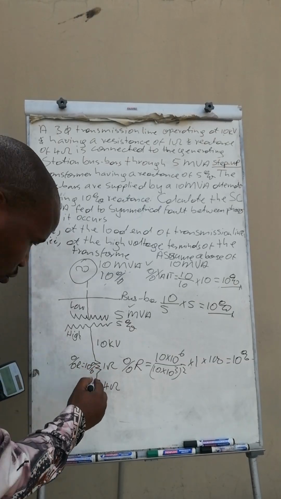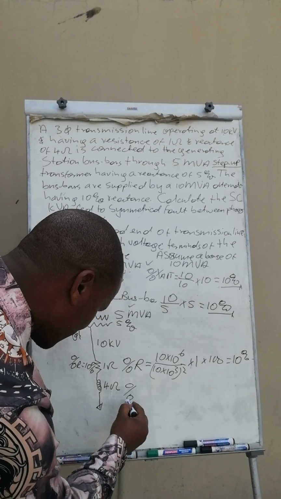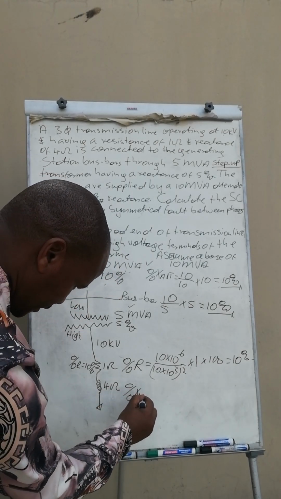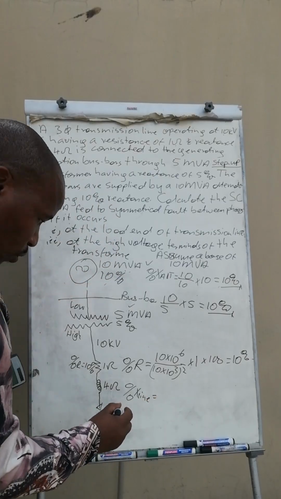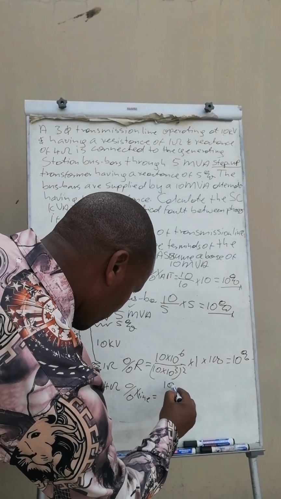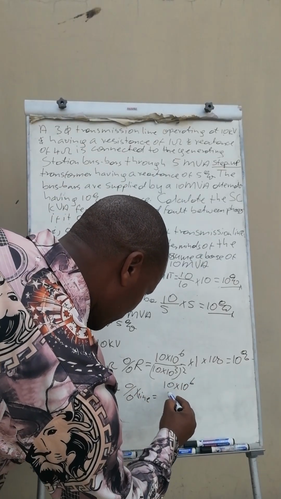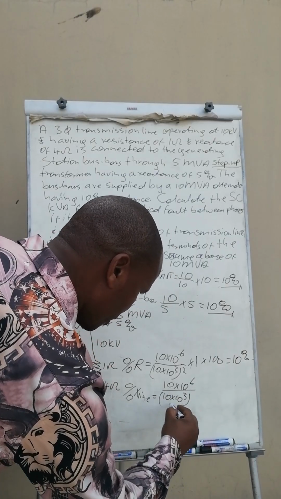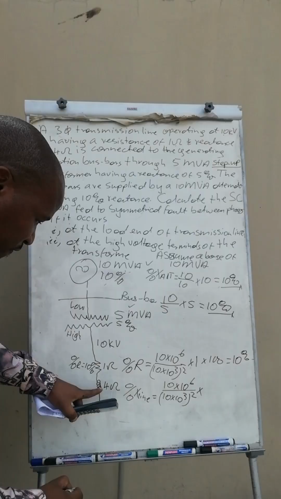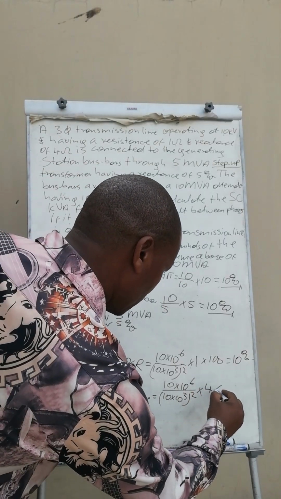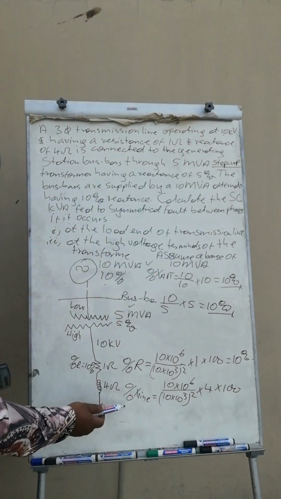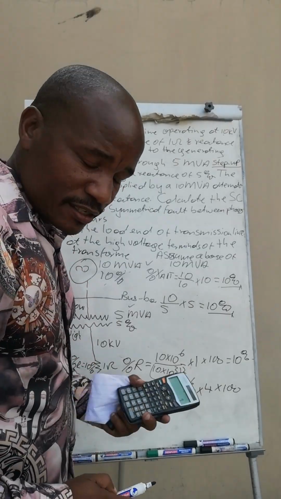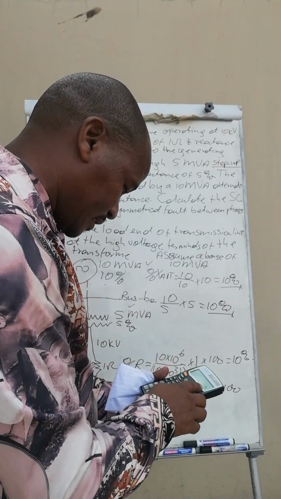Let's come here, same story. The percentage X here, X of the line, let's write it line, is equal to 10 multiplied by 10 to the power 6 all over 10 multiplied by 10 to the power 3 squared, multiplied by 4, multiplied by 100% to express this in terms of percentage.